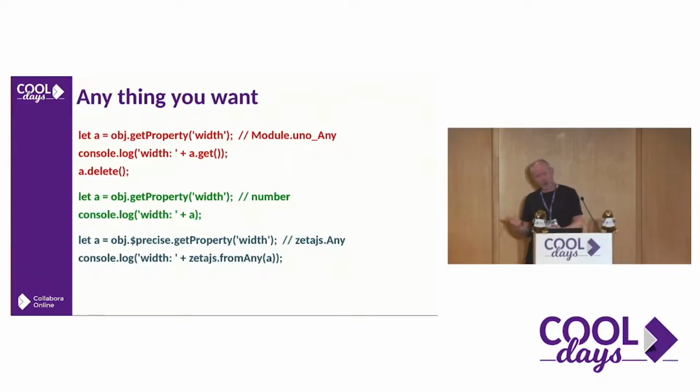But if you do want to know, is it a short or a long zero or a float or a double, then you can pay extra. And we have a kind of a shadow object besides the actual object.